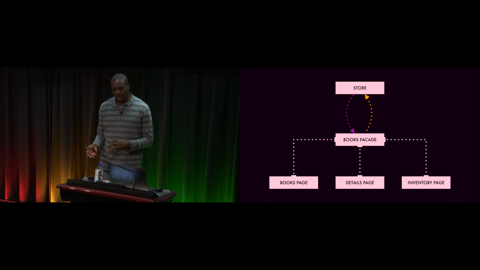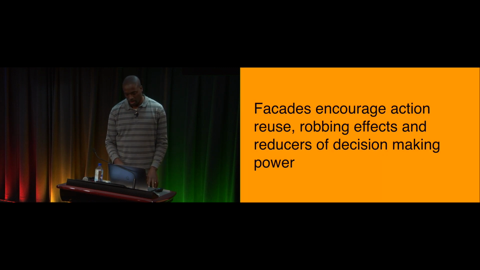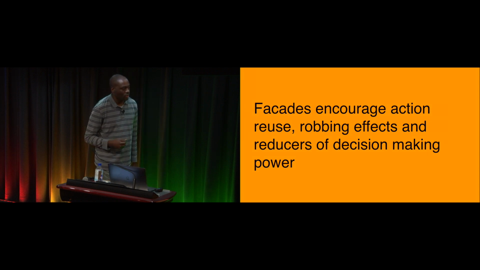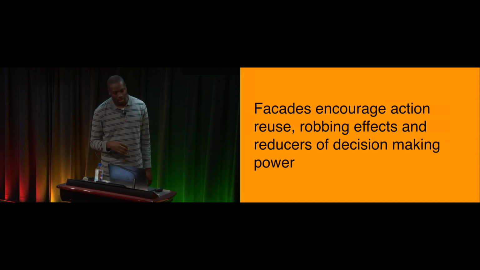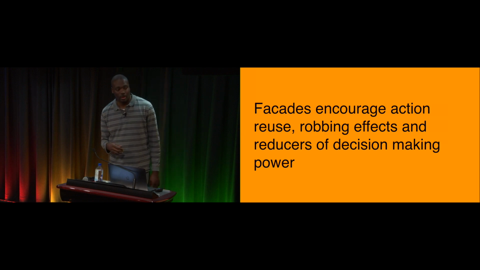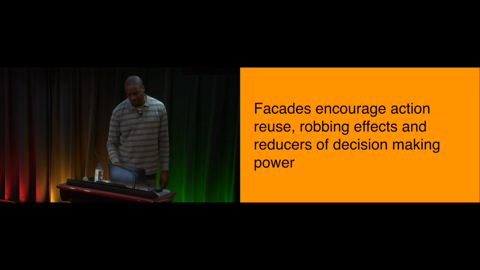And then you'll be encouraged, if you have that same action that you want to trigger somewhere else, to reuse that method in that facade to dispatch. Well, as I mentioned before, actions should be unique and they shouldn't be reused. So facades encourage action reuse and take away the decision-making power of effects and reducers, putting that responsibility back in the component.